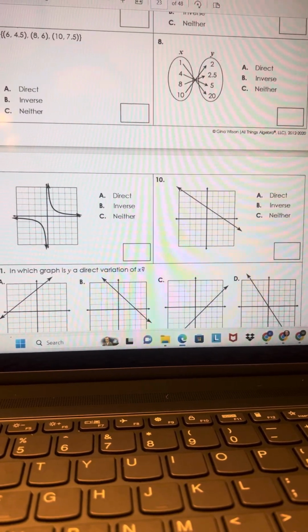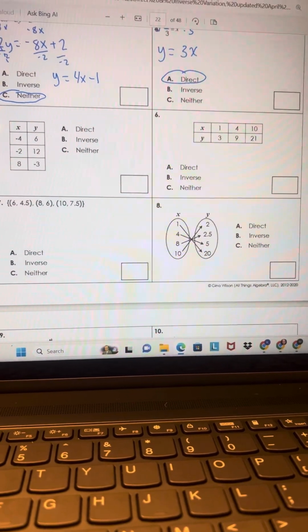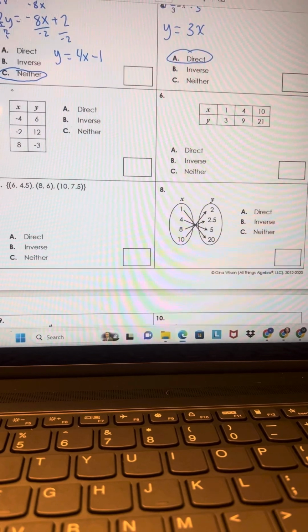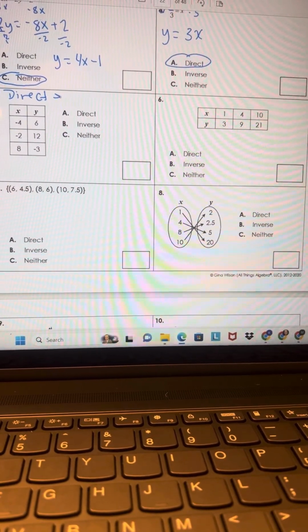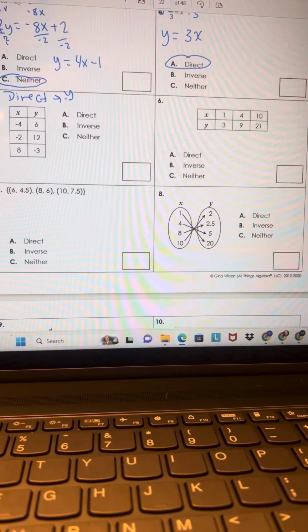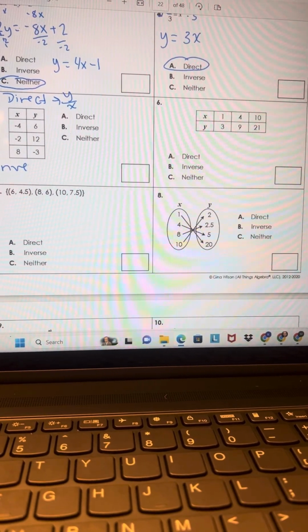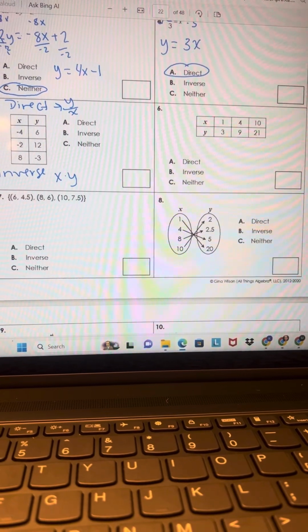Okay, now to determine if we have direct or inverse variation from ordered pairs, for direct, we divide our y and x, so we do y divided by x to find direct. For inverse, we say x times y.